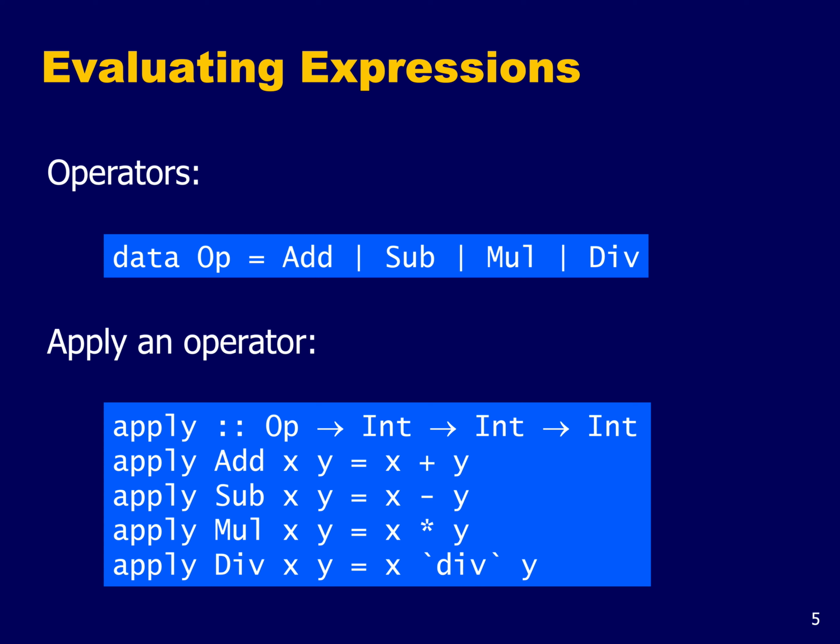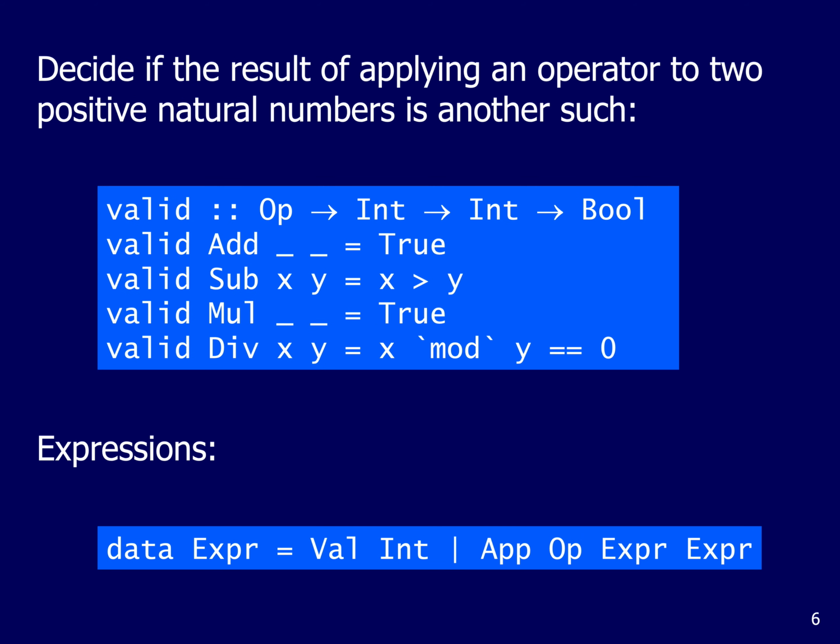If you apply, for example, the add operator to 2 integers x and y, then you simply add them together. You do a similar thing for subtraction and multiplication. And then the only thing to watch out for is in the division case, when you divide x by y, you're using integer division, so that's div. And I've converted the div function into an infix operator by using the little backquote syntax that we learned about earlier on in the course.